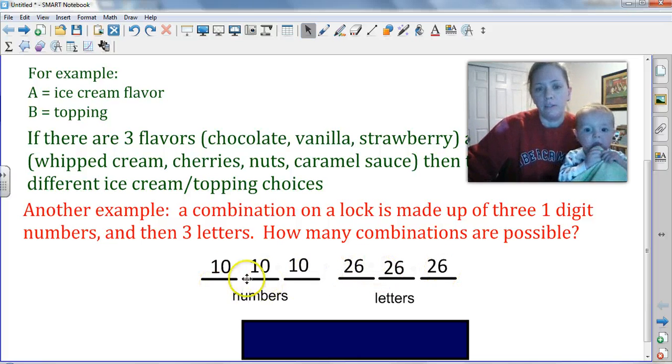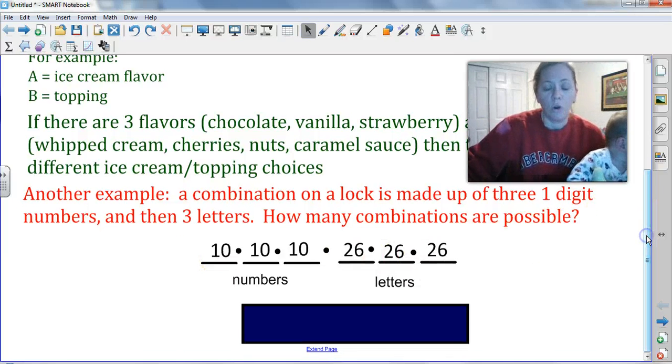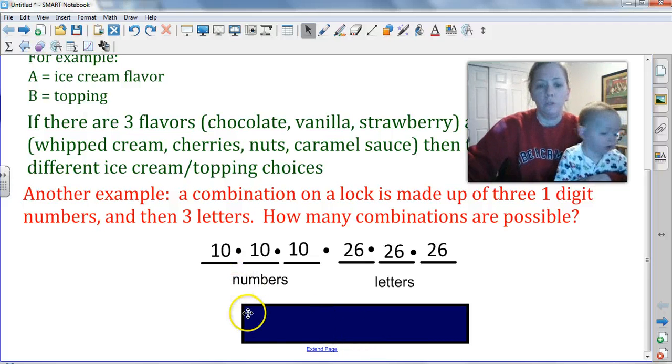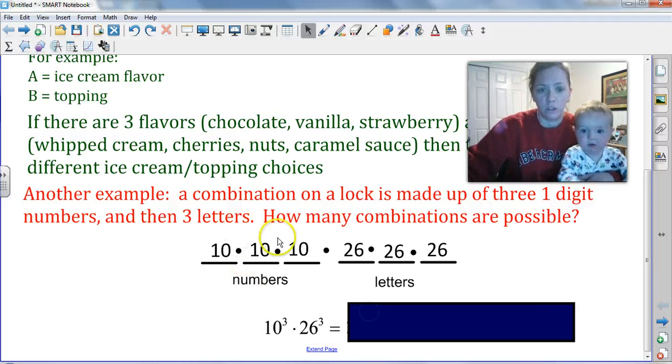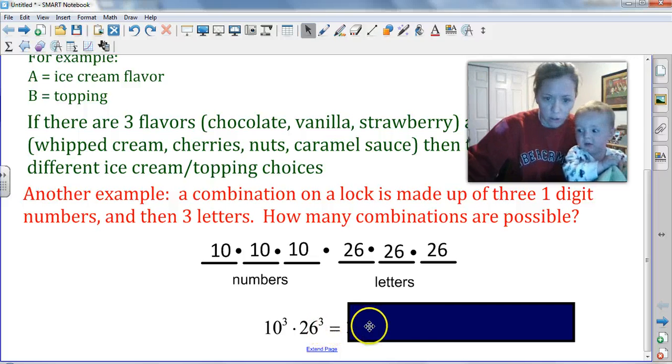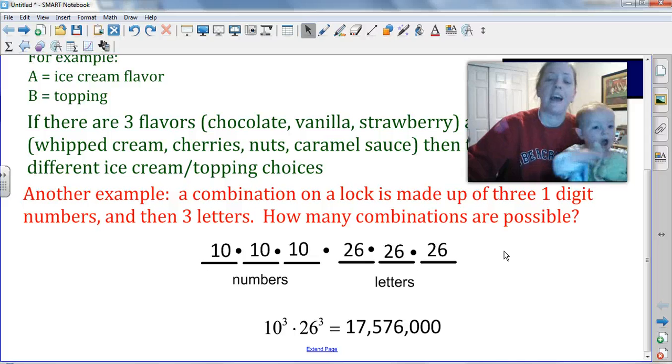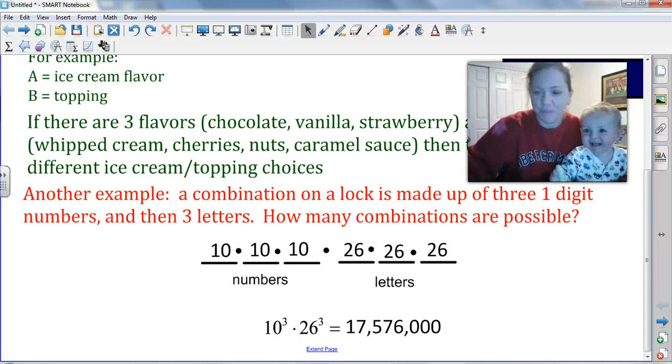So that's how many different values there could be for each one of those places. But then we would multiply all of those numbers together to get the total number of different combinations that are possible. So we'd have 10 to the third times 26 to the third, which turns out to be 17,576,000 different combinations. That's crazy.